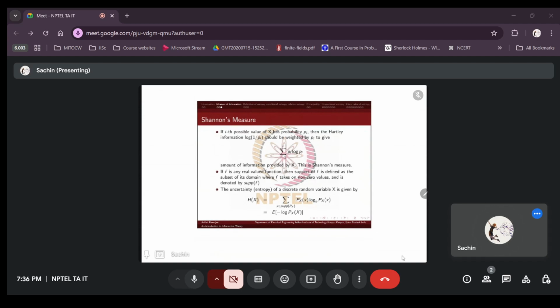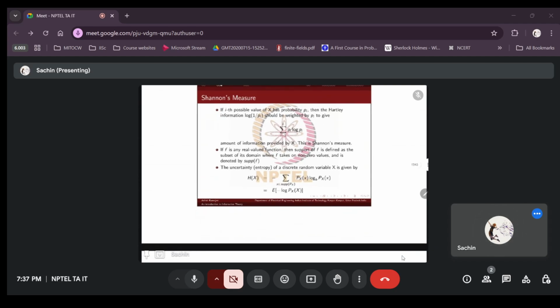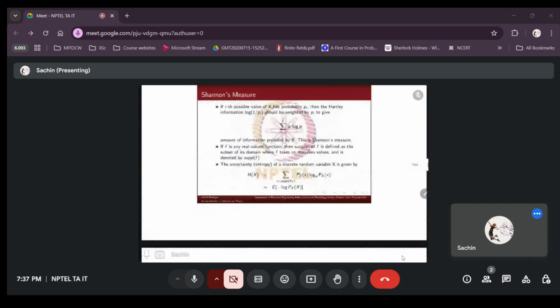So for the support of p of x, which is the probability density function, we only consider those values and sum over all values in the support, p of x log p of x, which is nothing but the expected value of minus log p of x.